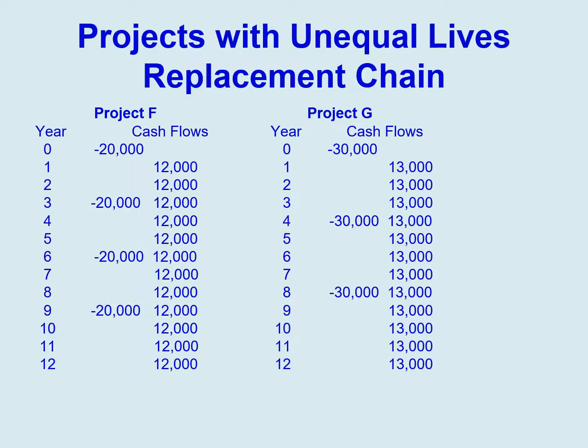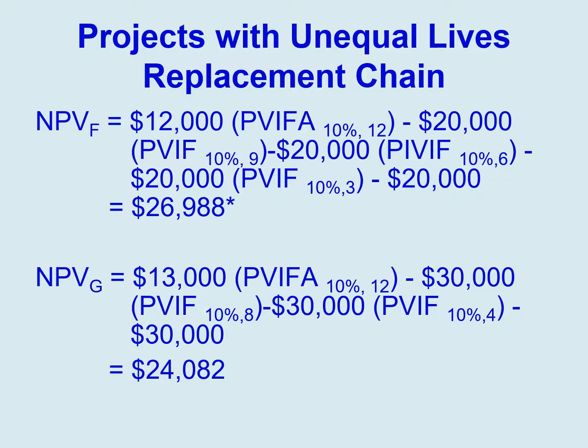So if I go through and calculate the NPVs for the replacement chain, this is the result. For Project F, I just took that 12-year, $12,000 annuity and discounted it as an annuity, and then I discounted each one of my investments in year 9, year 6, year 3, and year 0 is already discounted. And I get $26,988 as my NPV.